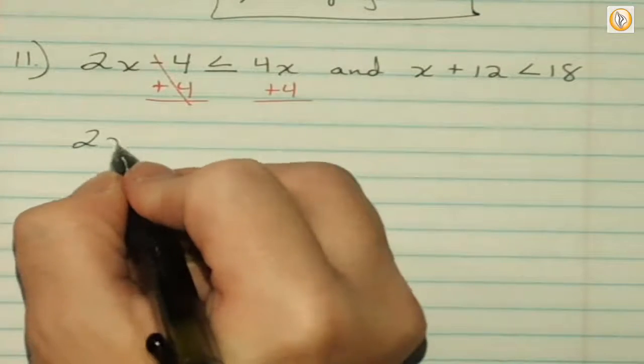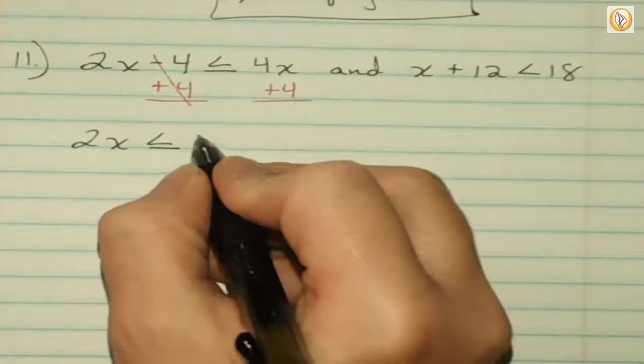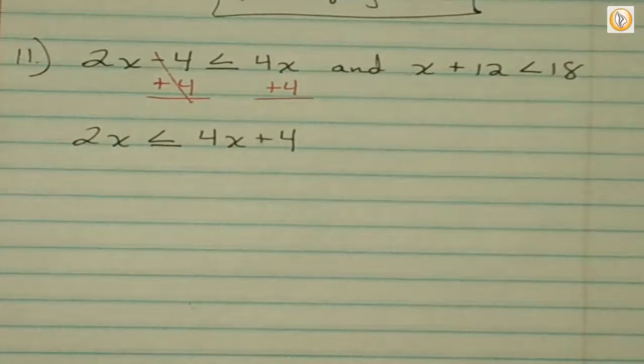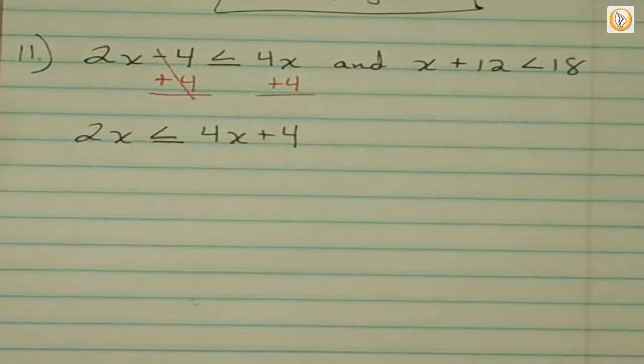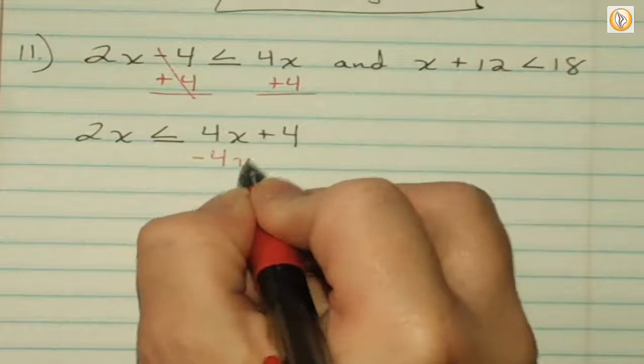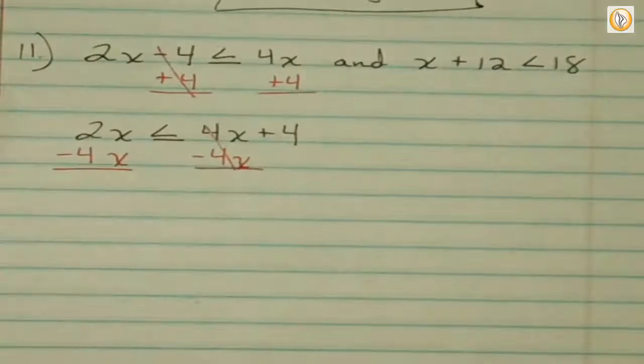So then I get 2x is less than or equal to 4x plus 4. Right? Then you subtract 4x on both sides.